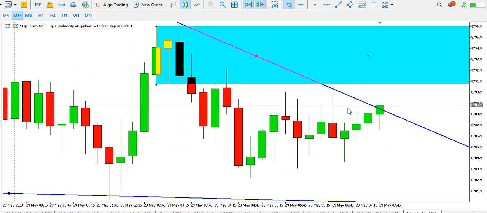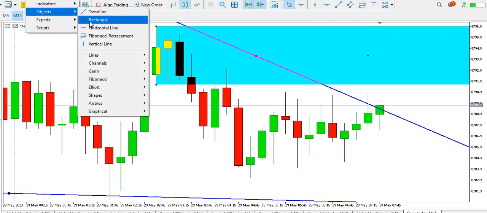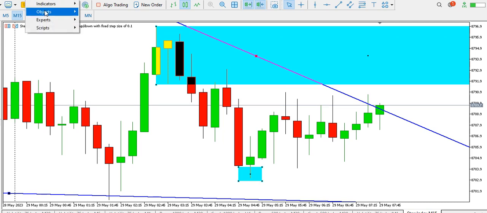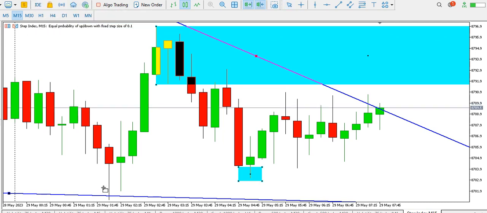On the 15 minutes time frame, we can see price trying to break above the descending trend line, and we can see this low. We have another low around here, and this low is higher than this low.